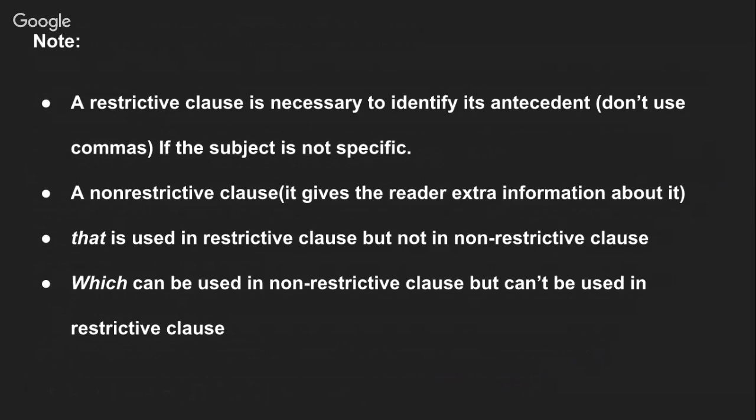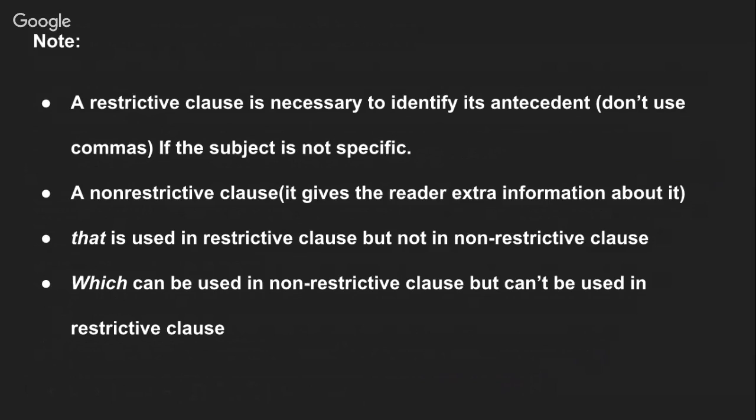Some notes on restrictive and non-restrictive clauses. A restrictive clause is necessary to identify its antecedent. Like Yohana said before, we don't use a comma if the subject is not specific. A non-restrictive clause gives the reader extra information; if we don't use that information, it doesn't change the meaning of the sentence.